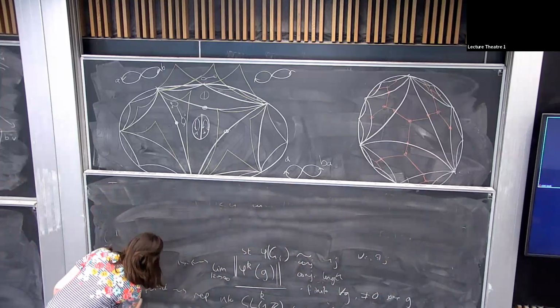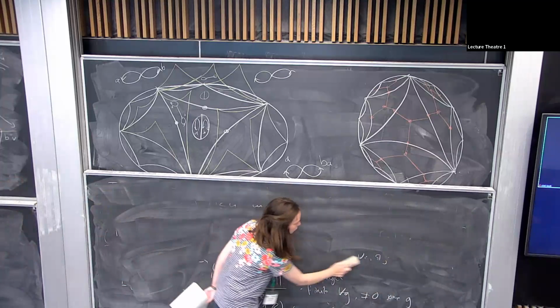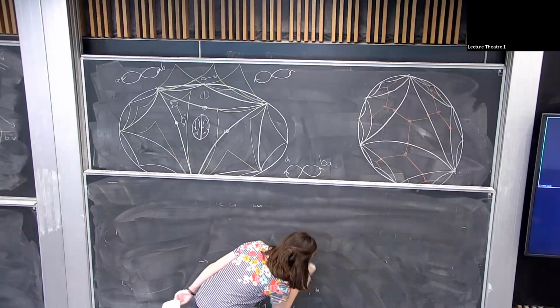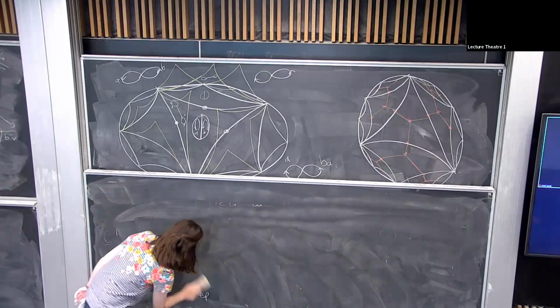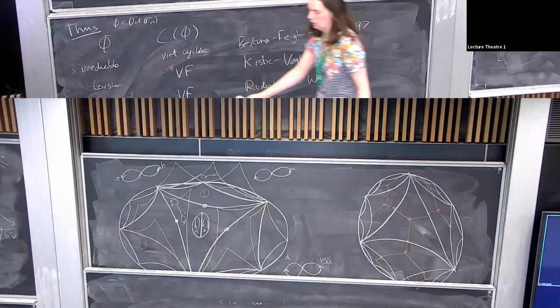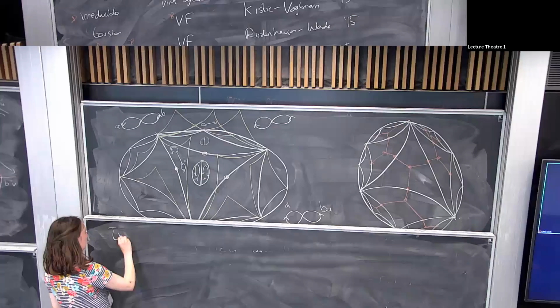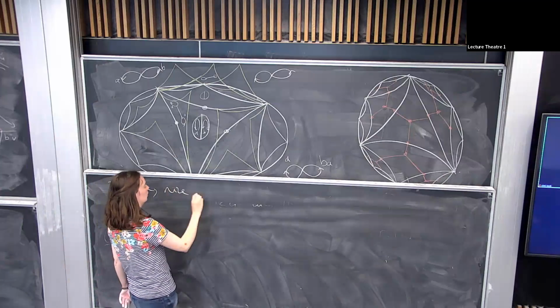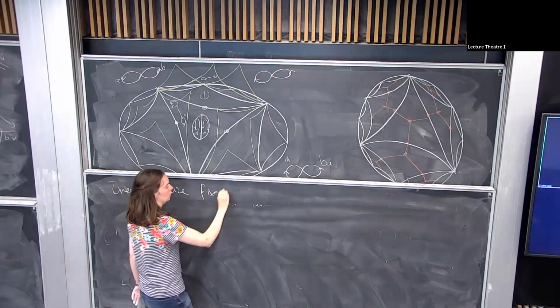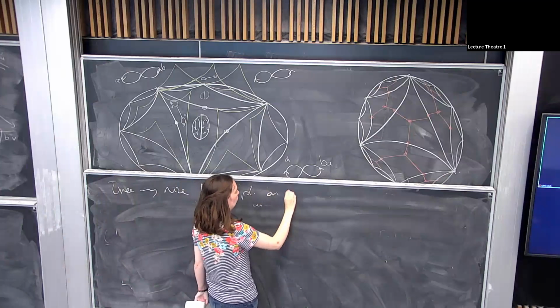The punchline is it's more like JSJ data than I just said. Linear, nice fixed point on boundary.